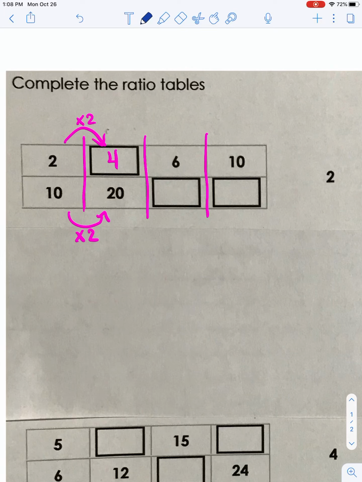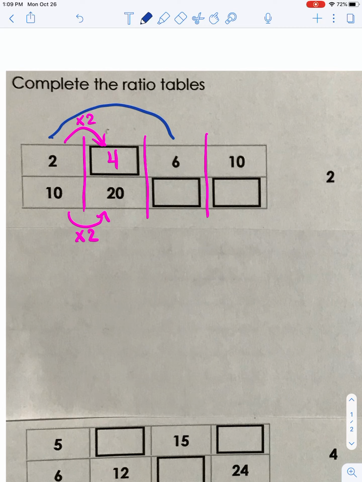And now I'm going to have to look elsewhere because I don't know how to get from 20 to this empty box, because I don't know what the relationship is. And if I look on the top row, there's no real relationship between multiplying or dividing by a whole number to get from 4 to 6.